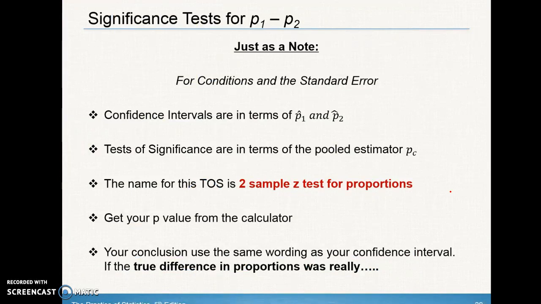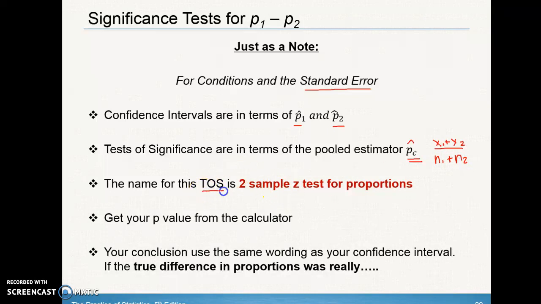Okay, so just as a note, to wrap up everything we just talked about, remember confidence intervals are in terms of p hat 1 and p hat 2. Tests of significance for the standard error are in terms of that pooled estimate, okay? And remember, that's literally you just adding your successes together from both samples over both sample sizes.